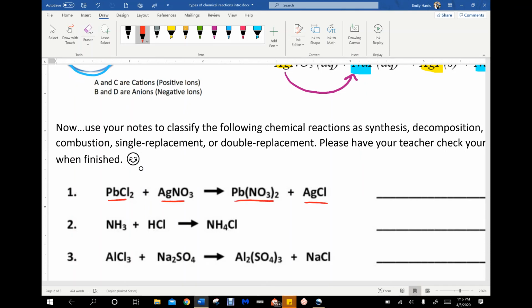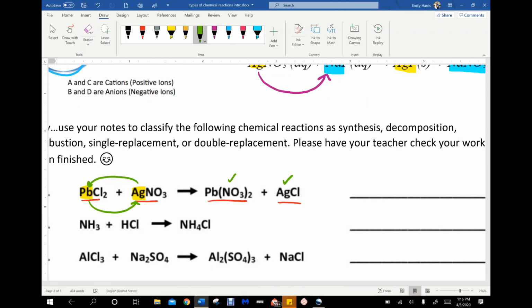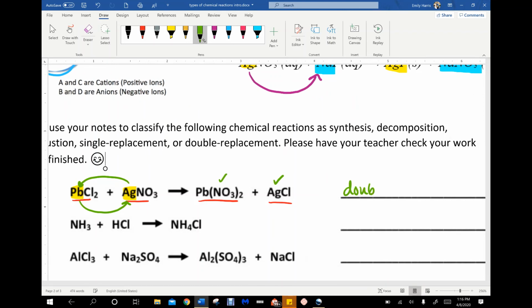So that already has me thinking in my head that, oh, this must be double replacement. Two compounds making two new compounds. But let's check just to be sure that they're actually swapping their parts. So in the swap, lead should now be with nitrate, which it is, and silver should now be with chlorine, which it is. So we would classify this reaction as double replacement.